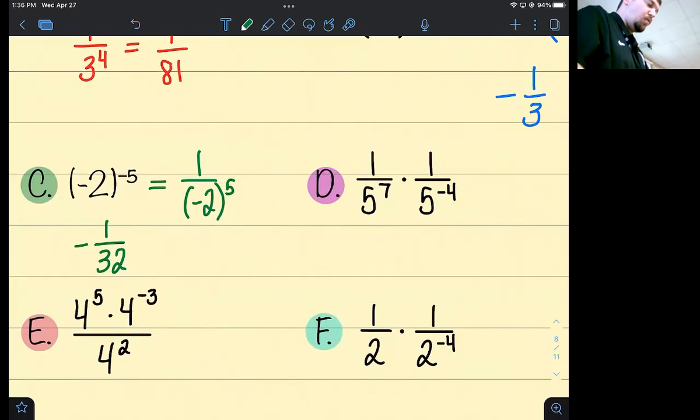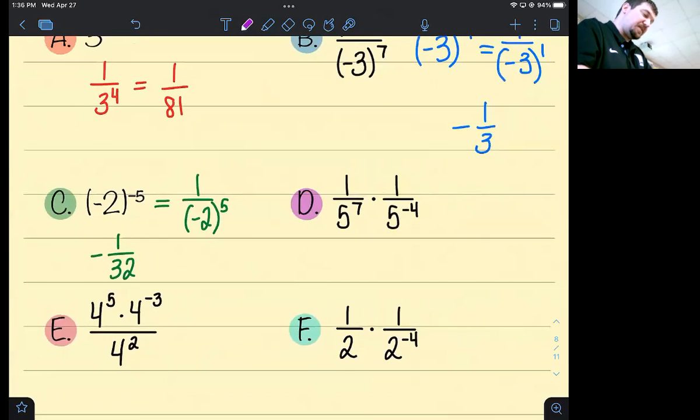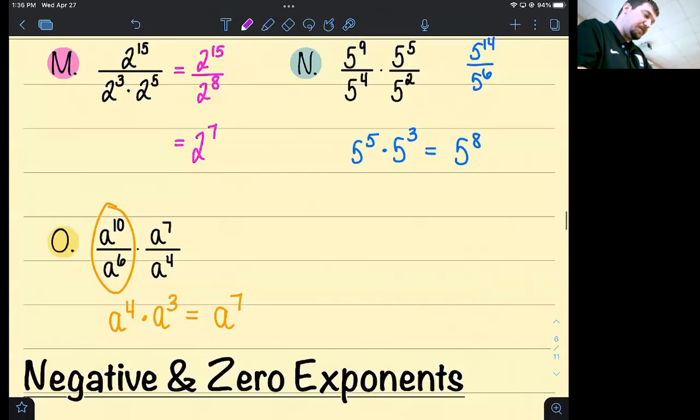Example D, 1 over 5 to the 7th times 1 over 5 to the -4th. Sure, Alex, give it a shot here. Well, we're actually going to do this problem the same way we did these problems here.